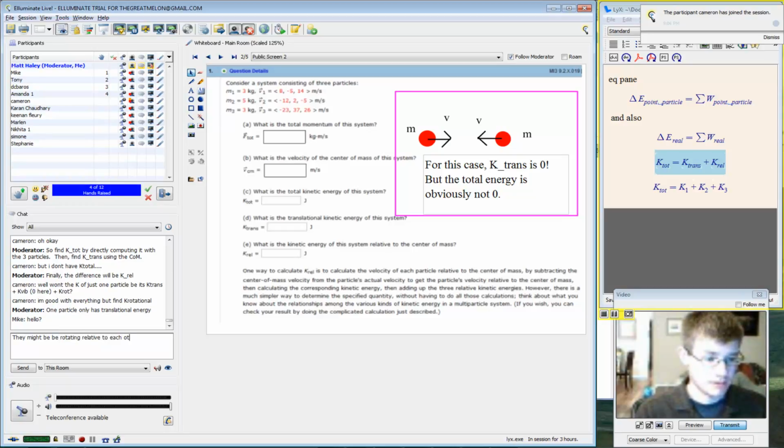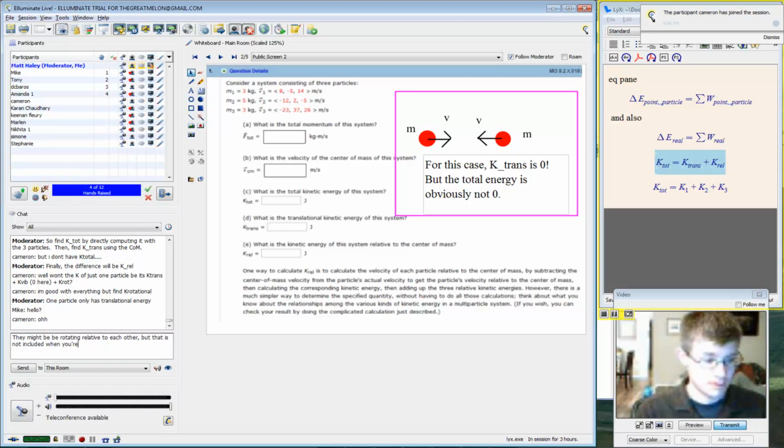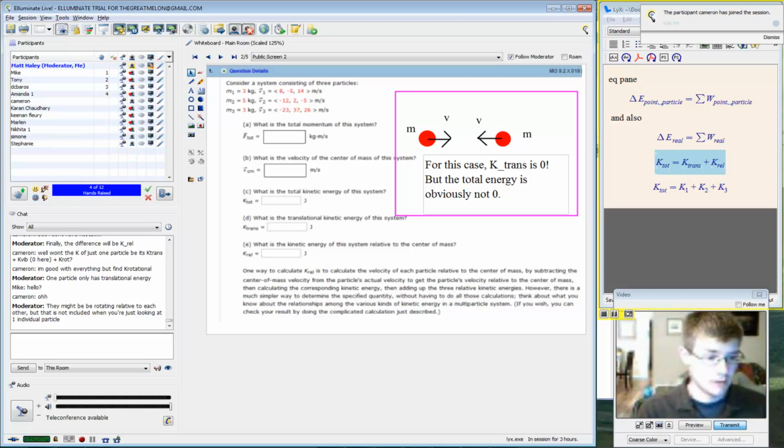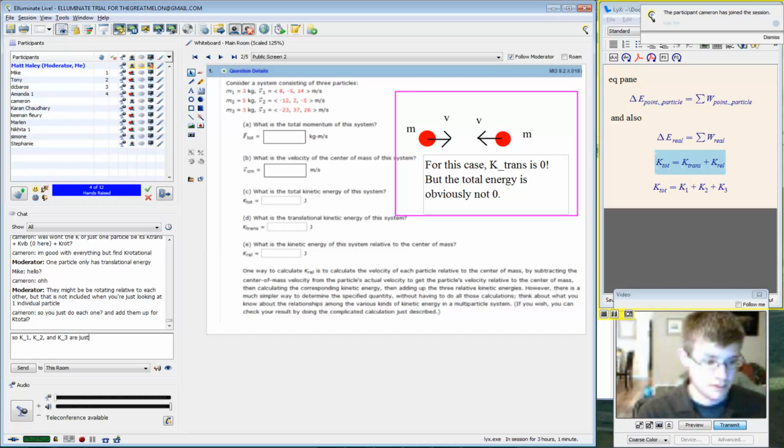A single particle just considered by itself, you don't really need to think about its rotational energy. And it looks like he's figuring something out there.